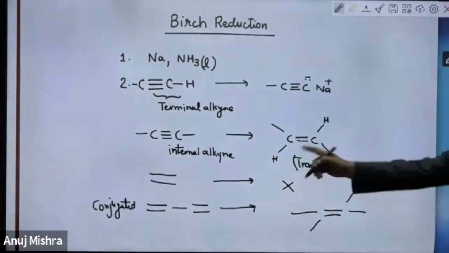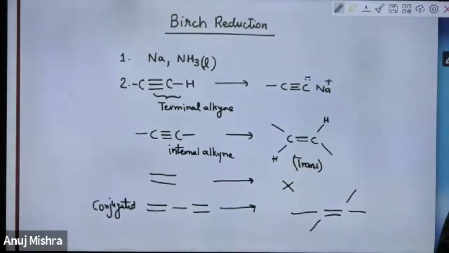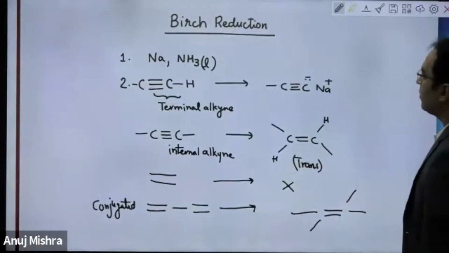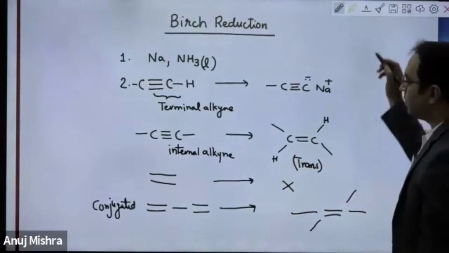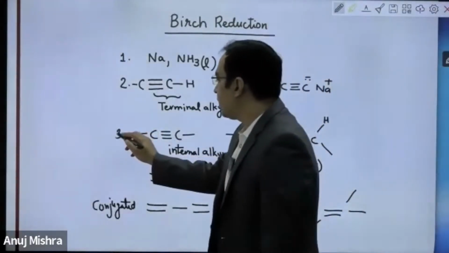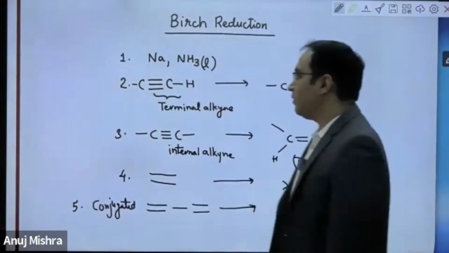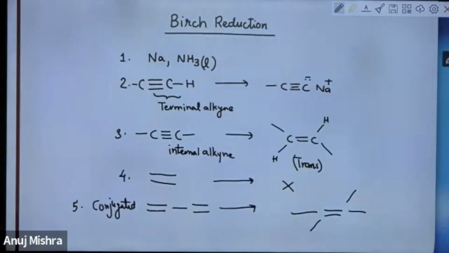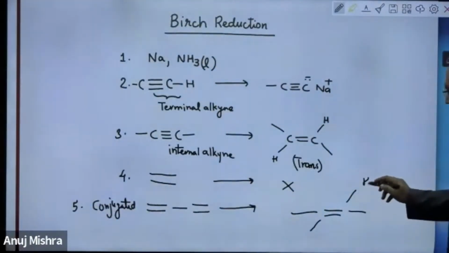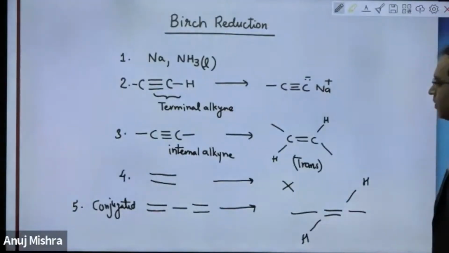The middle double bond has come and the terminal double bond has gone, right? So this kind of structure will come. This is point number 3, point number 4, point number 5. This one also, how is it? This is also trans, on the opposite side.